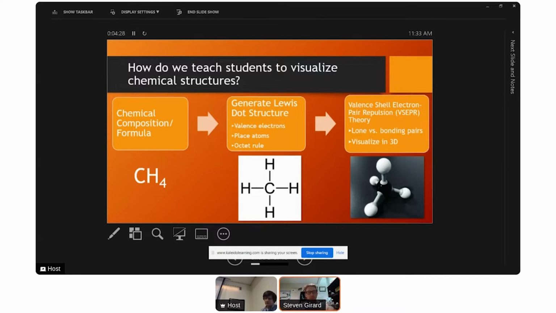There are different ways of representing the same exact information. We usually like to show the chemical composition or the formula. For example, on the left-hand side, we see the composition of CH4. This is also known as methane and is the active ingredient in natural gas.